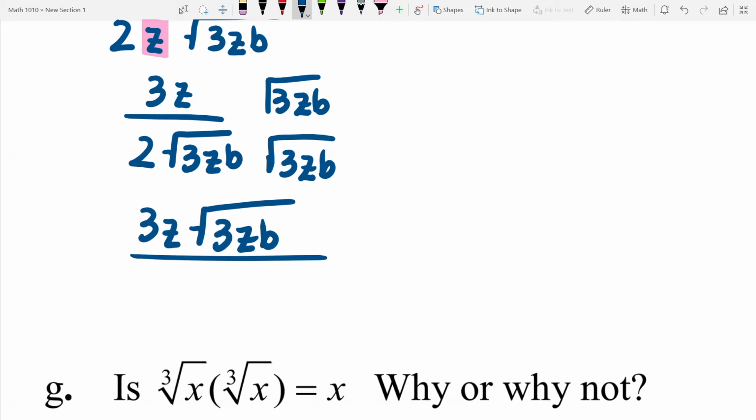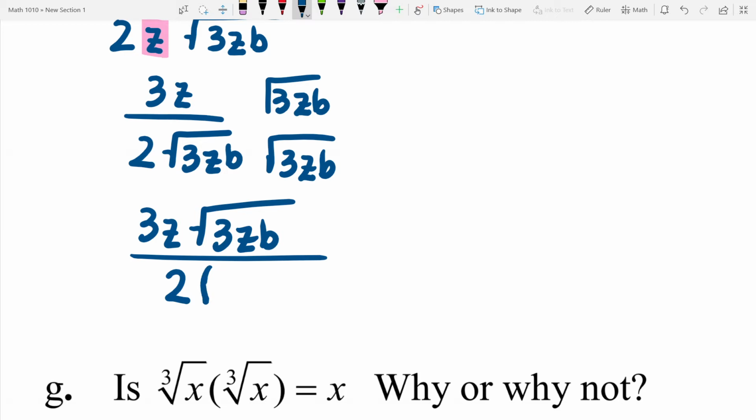Watch the bottom. Be careful. On the outside, you have a 2. Every person in this room better know the answer. What is the square root of 3zb times the square root of 3zb? 3zb. And what do I do to the 3zb and the 2? Do I add those or do I multiply those? You multiply those.